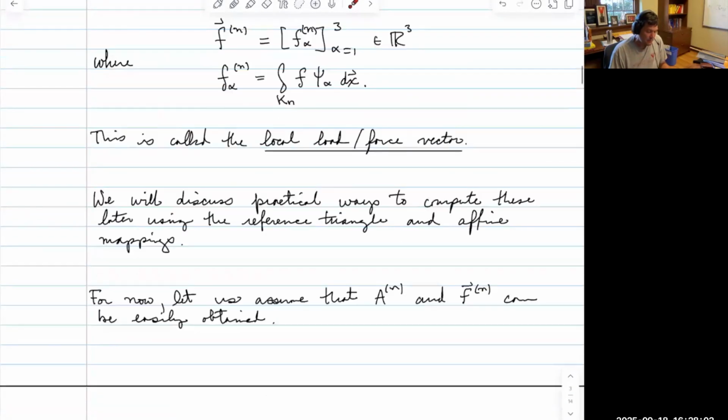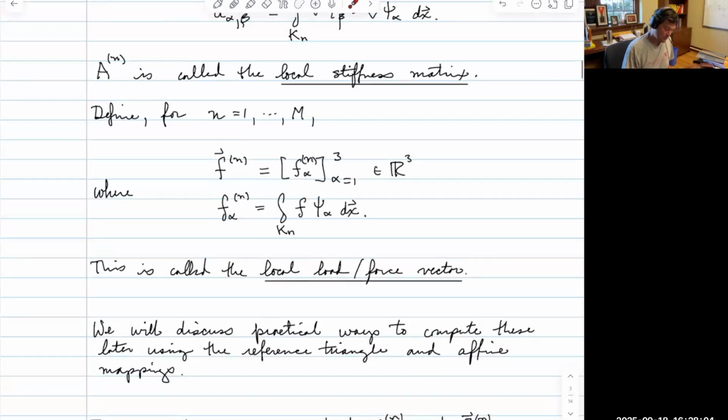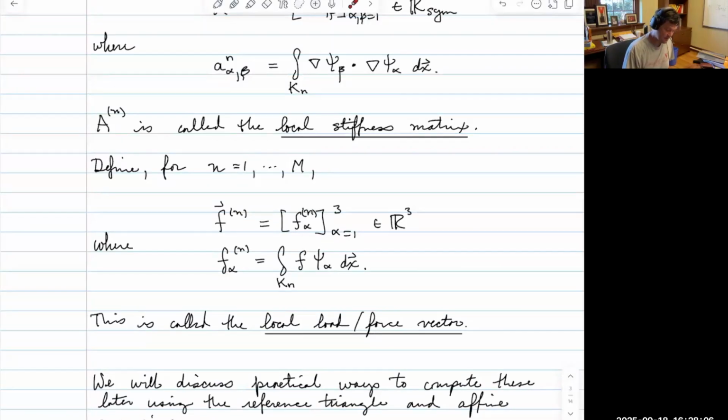Now, we're not going to say right now how these are computed. We're going to assume that they can be computed straightforwardly for each triangle. Each local degree of freedom, or each local Lagrange nodal basis function, can be computed.